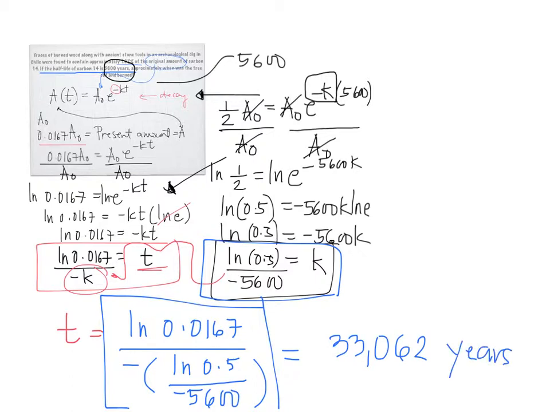So how old is the tree, or when was the tree cut and burned? It was actually 33,062 years ago, from the present time. So considering that at present the remaining carbon-14 is 1.67% of the original amount, that means it took about 33,062 years for that to happen.